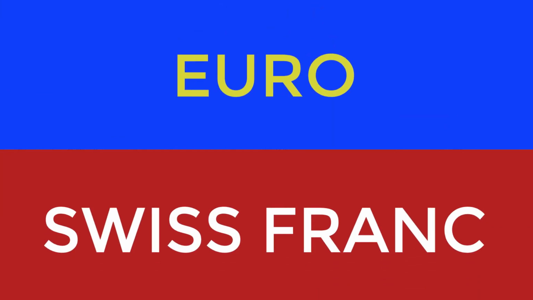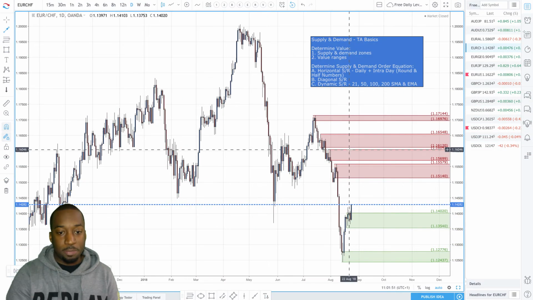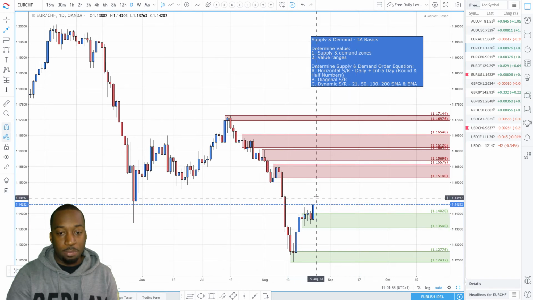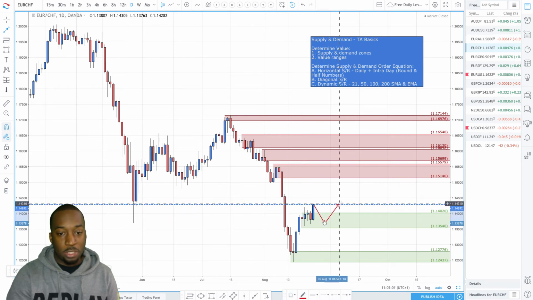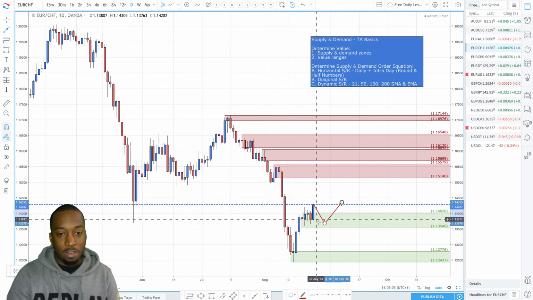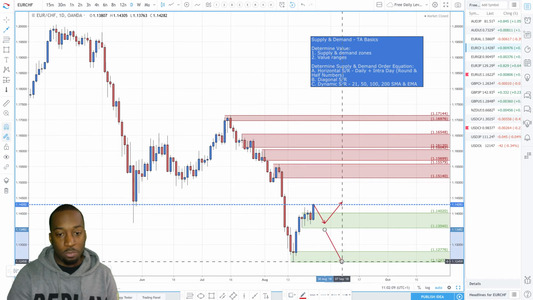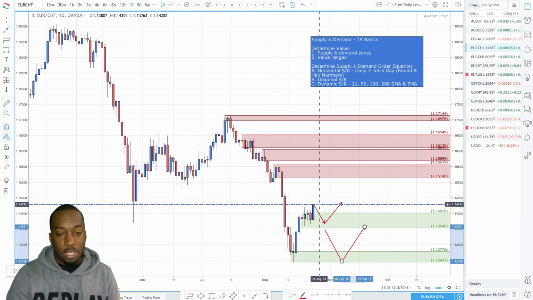So moving on to the euro Swiss, and we have made a bit of a higher high, so this will become the higher low. If prices do come back into this zone, this will be the first area to buy. Personally, you're buying around the highs, so I'd probably want more of a deeper pullback before looking to establish any longs.